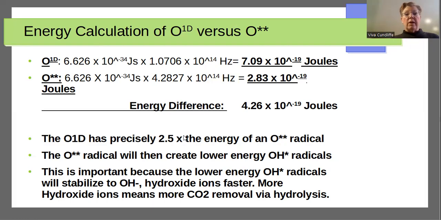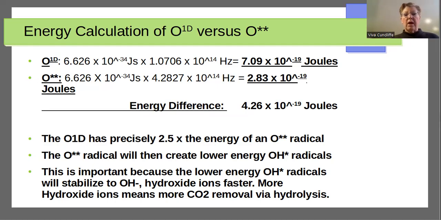The radical will then create lower energy hydroxyl radicals, which we consistently produce when we sparge that gas flow of the oxide radical into water. The pH probe typically would raise within a couple of minutes up to a pH of 10, sometimes going to a pH of 11.